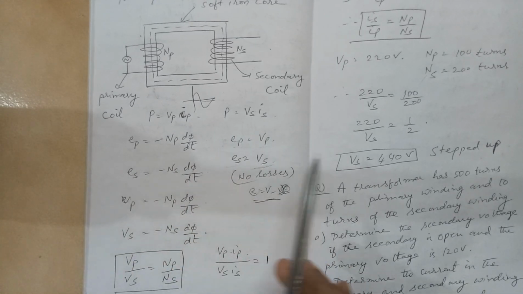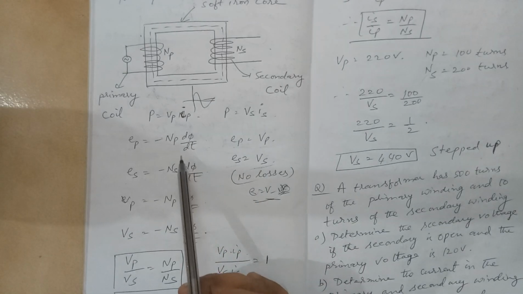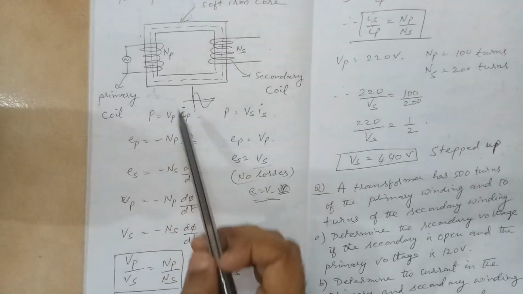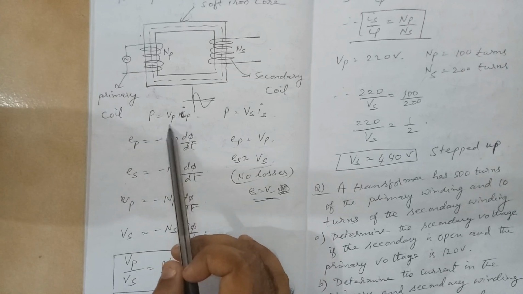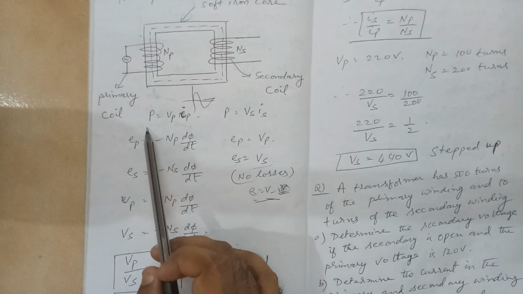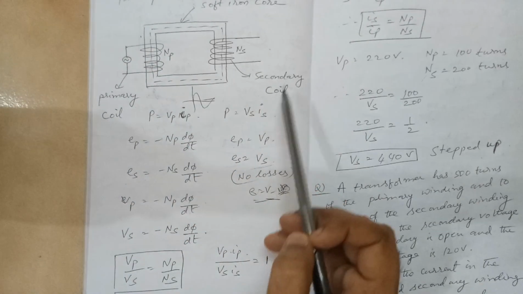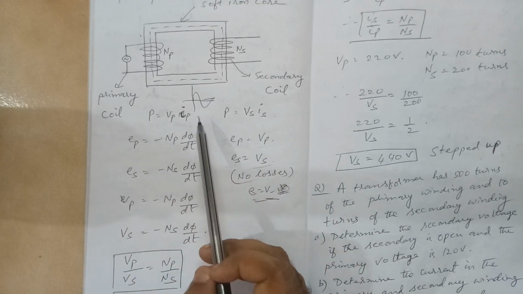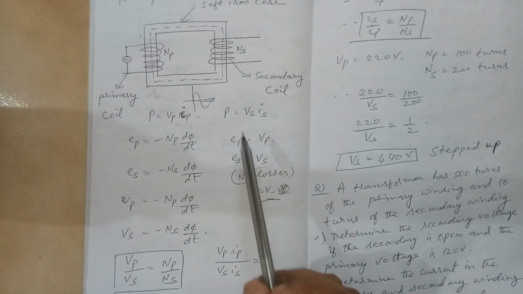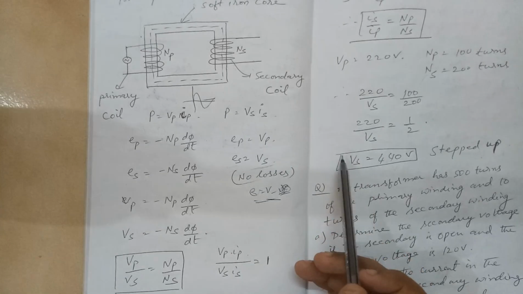The input power is equal to the output power, and power is obtained by taking the product of voltage and current, right? So the power input will be Vp into Ip here, and here it will be Vs into Is. If it is an ideal transformer, this power input will be equal to power output. So this point you should remember.